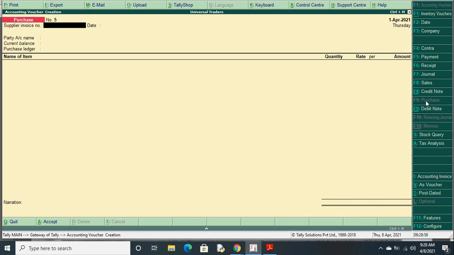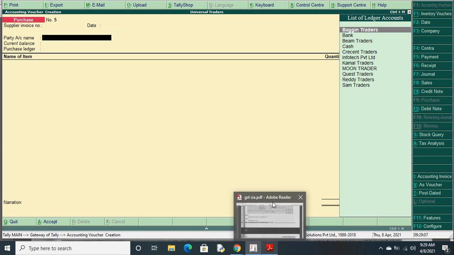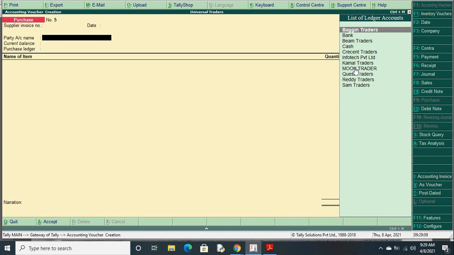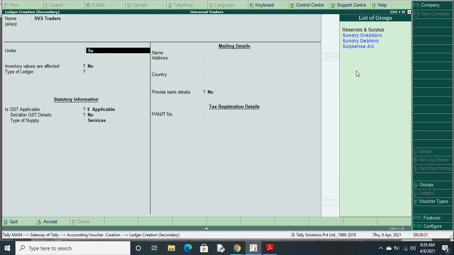For example, I am going with it. Who are the sundry creditors here? Moon Traders? Okay, I'll create one ledger under sundry creditors.